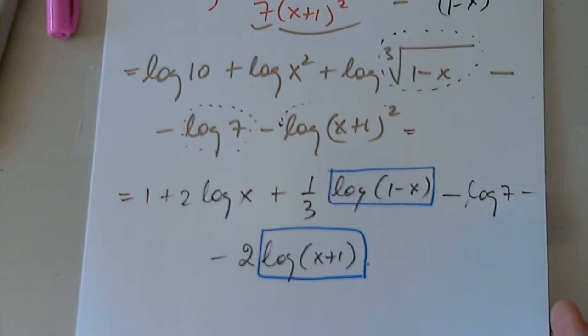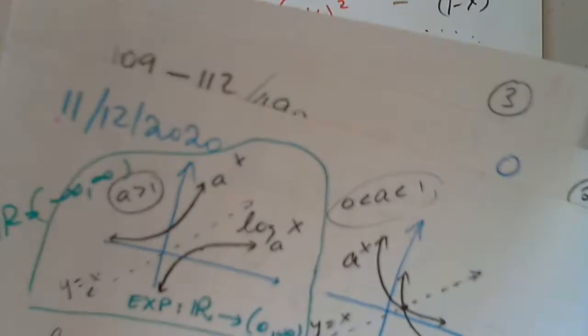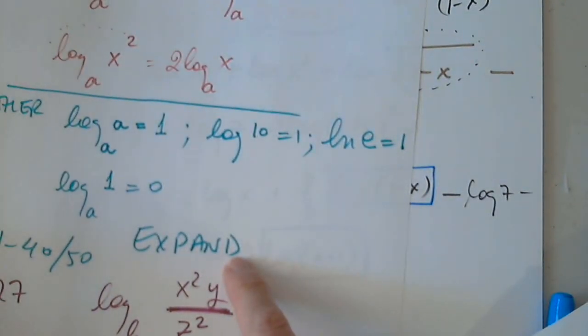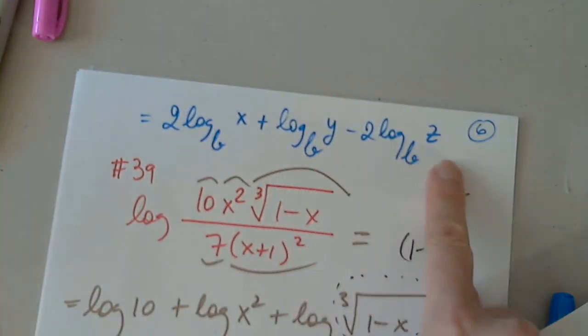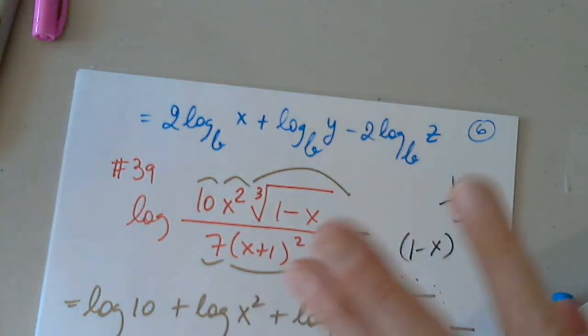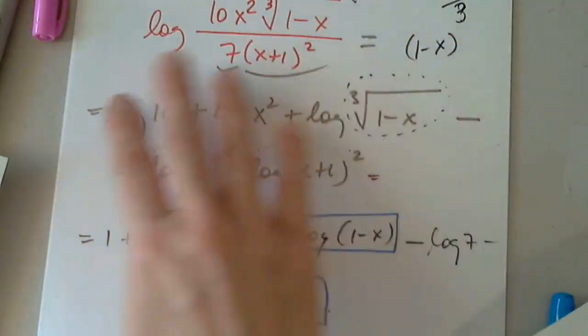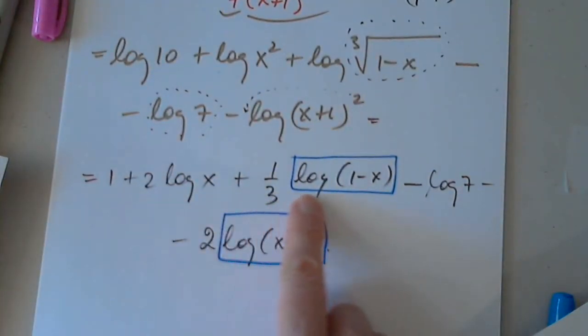Okay, so in all these examples, the last two examples, we use the properties to expand into simple logs. As simple as possible, applying all properties. We only have 3. Same thing here. This was a huge, complicated expression. We came down to very simple logs.